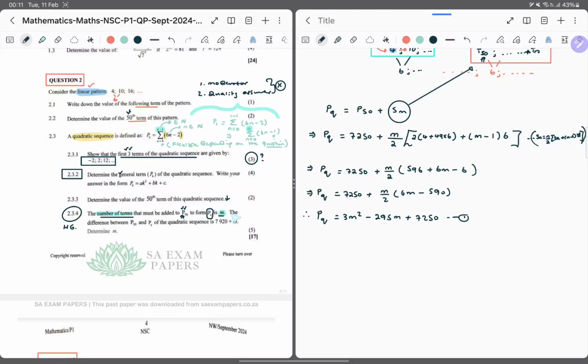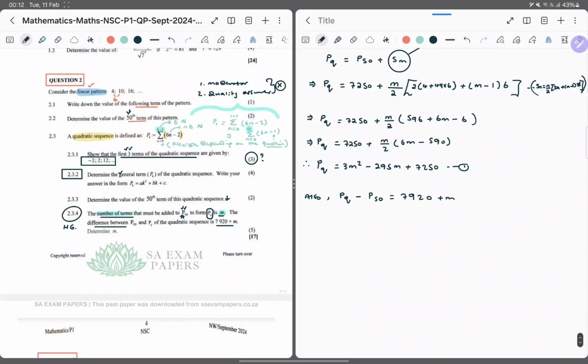What is the next statement given? Now, the difference between P50 and PQ of the quadratic sequence is this plus. Obviously, if this is a term ahead, this PQ must be bigger. We know that also PQ minus P50 is going to be 7920 plus m.